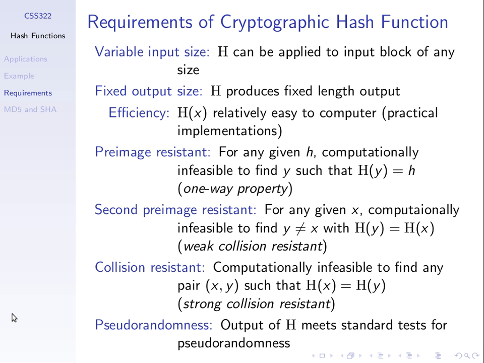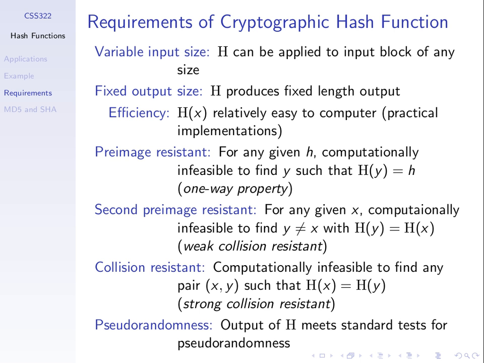So now let's summarise or list the set of requirements that we have. And we've mentioned a lot of these already. But the requirement that we need for a cryptographic hash function: variable input size. The hash function must work for different size inputs, different lengths of M. Yesterday I applied MD5 on a 735 megabyte file.